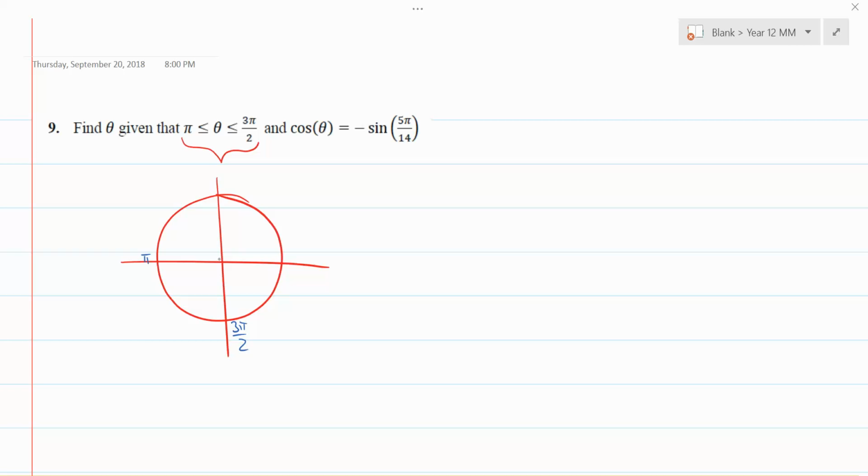So the angle goes around the circle to a point somewhere in between, lying between pi and 3 pi on 2. Now within that angle, I've landed on a particular spot, which I've colored in with a dot.